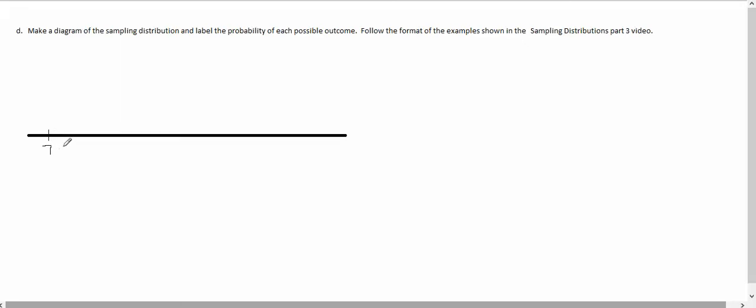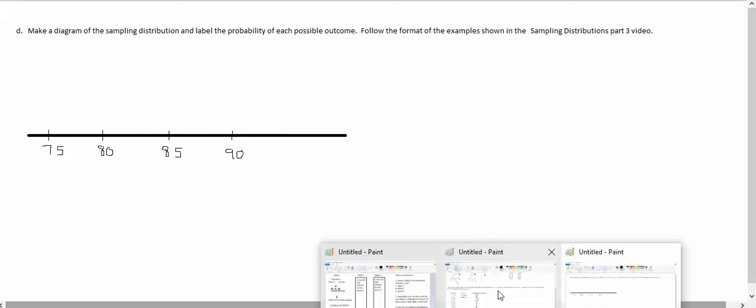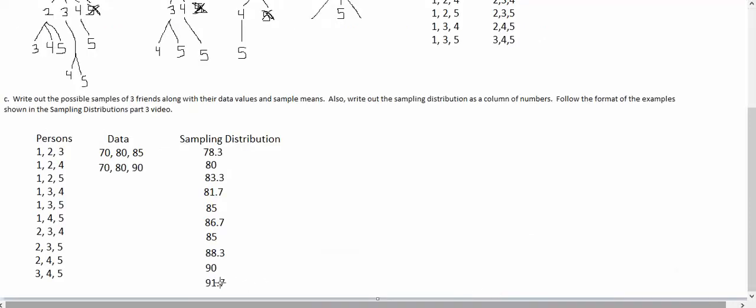So here I have 75, 80, and 85. And then 90. And I'll go up to 95.